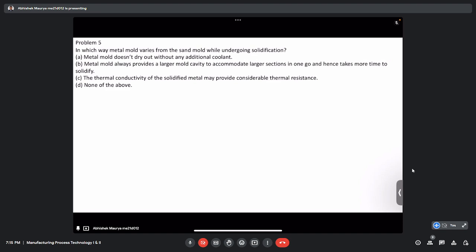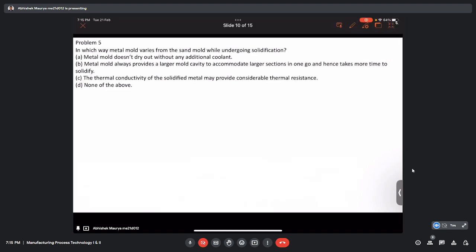Okay, so let's try to see it together. It has been asked, in what way does a metal mold vary from a sand mold while undergoing solidification. Okay, so let's try to draw the schematics.